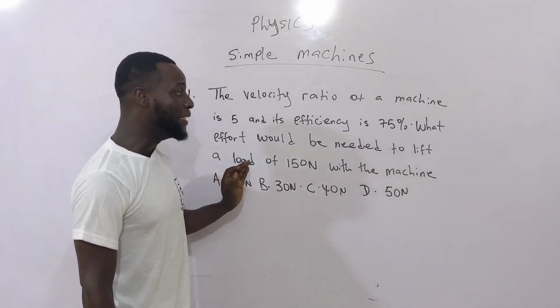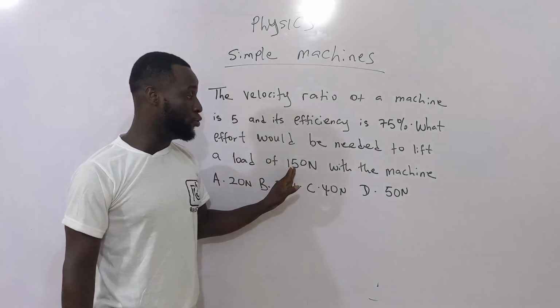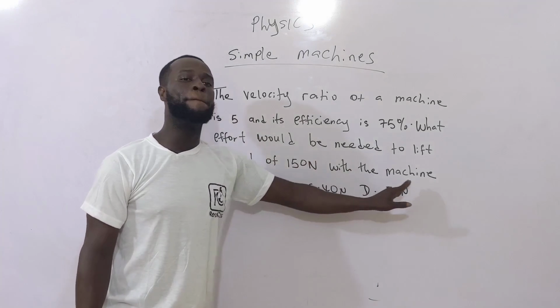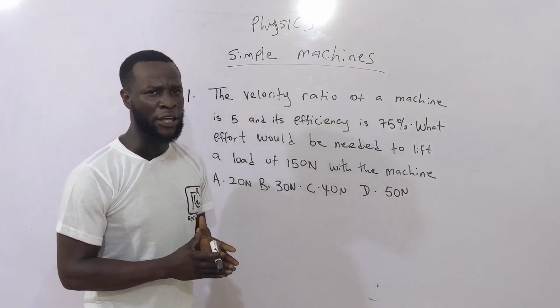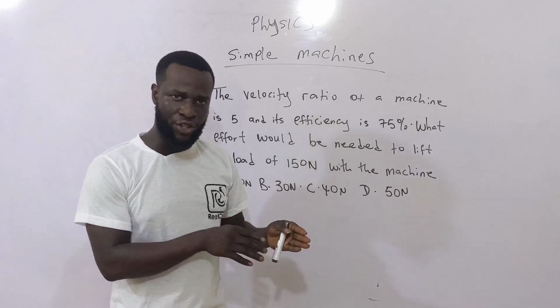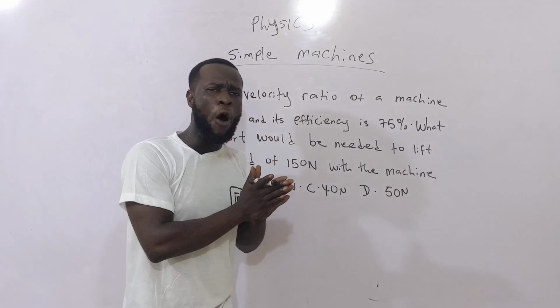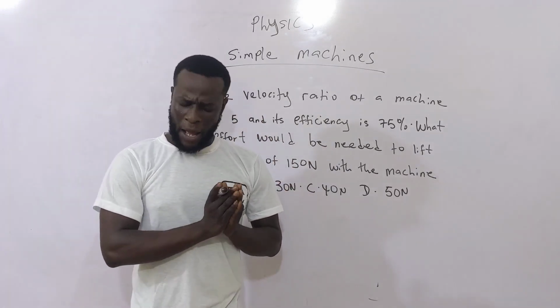What effort would be needed to lift a load of 150 Newton with the machine? Now we are looking for effort. The next question is, which equation of simple machine I just gave are we going to use?